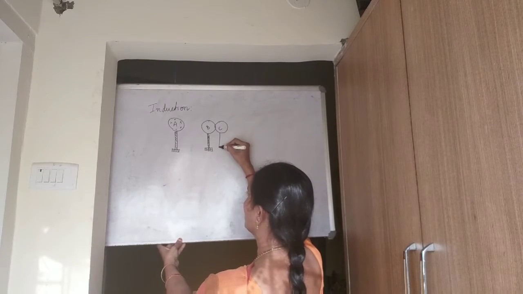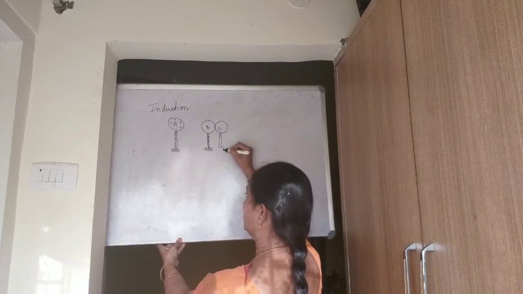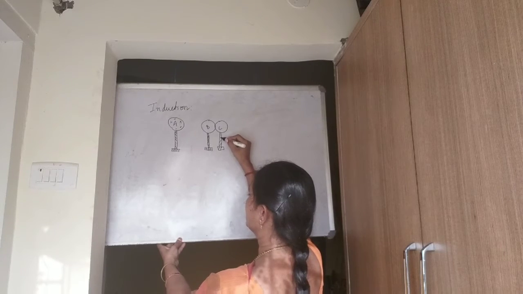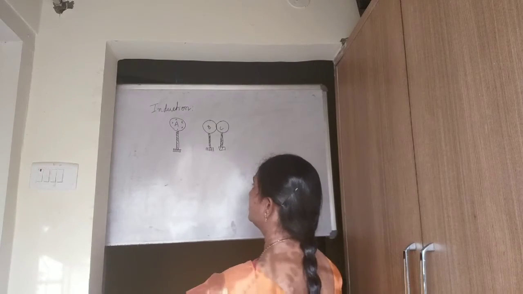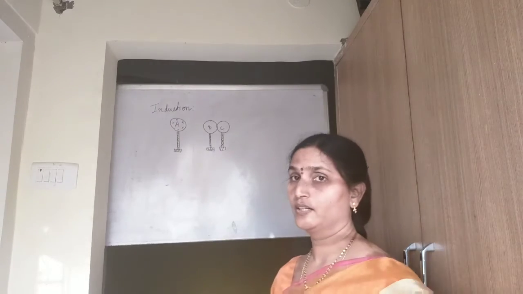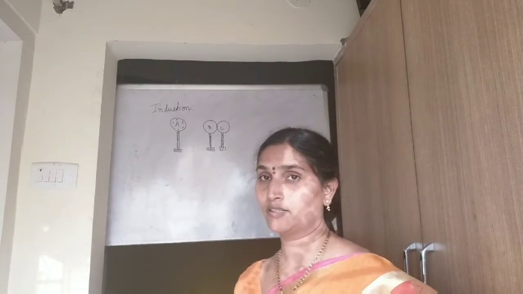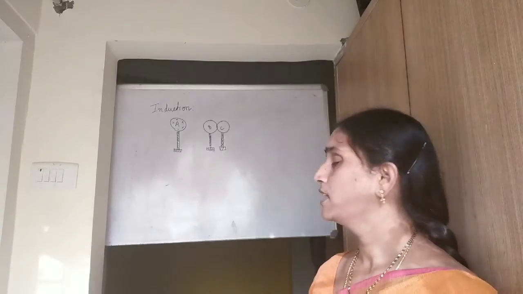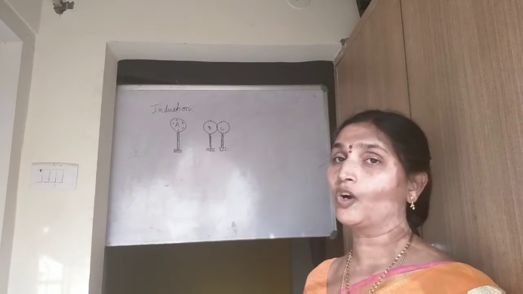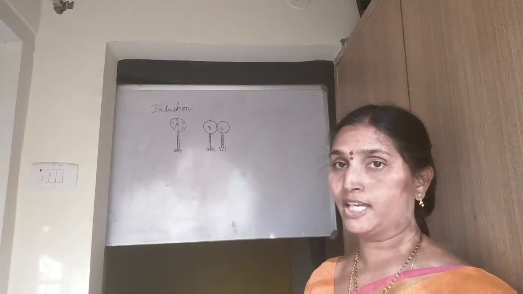But look at the diagram, how are B and C? They are already in contact with each other. So we need 3 spheres on insulated stands. A is positively charged. B and C are in contact with each other far away from A.